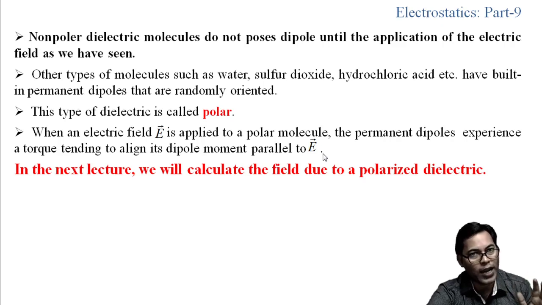But in the polar dielectrics, the dipoles are permanent, or built in, and are present in the material, but in random orientation. When we apply the external electric field, the dipole moments will orient themselves parallel to the external electric field and the material becomes polarized.